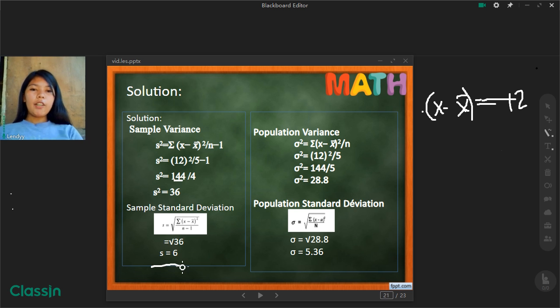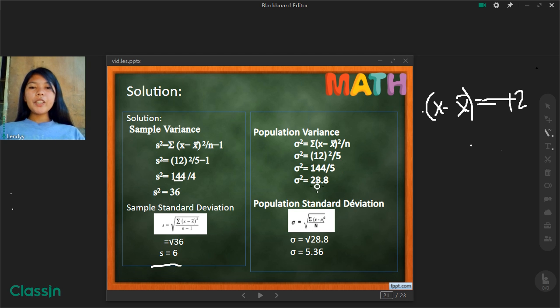For our population variance, we will also use the result of our x minus x mean, which gives us 12. Then we have population variance is equal to 12 squared divided by 5, because the formula uses the number of values in the data set, which is 5.